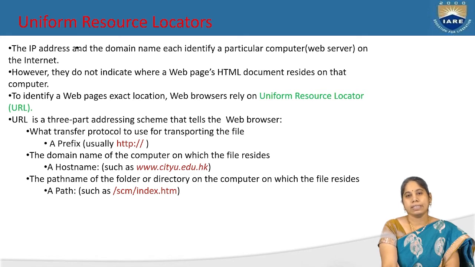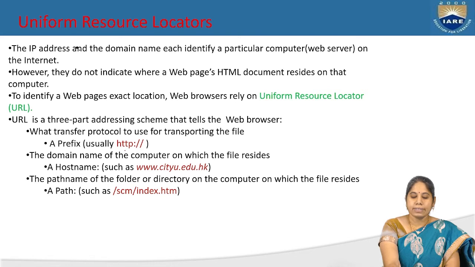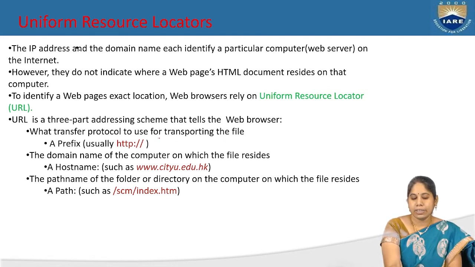URL is abbreviated as Uniform Resource Locator. What is a URL? A URL is an address. It is a three-part scheme, or it contains three parts. The first is the transfer protocol, which is used for transporting the file.